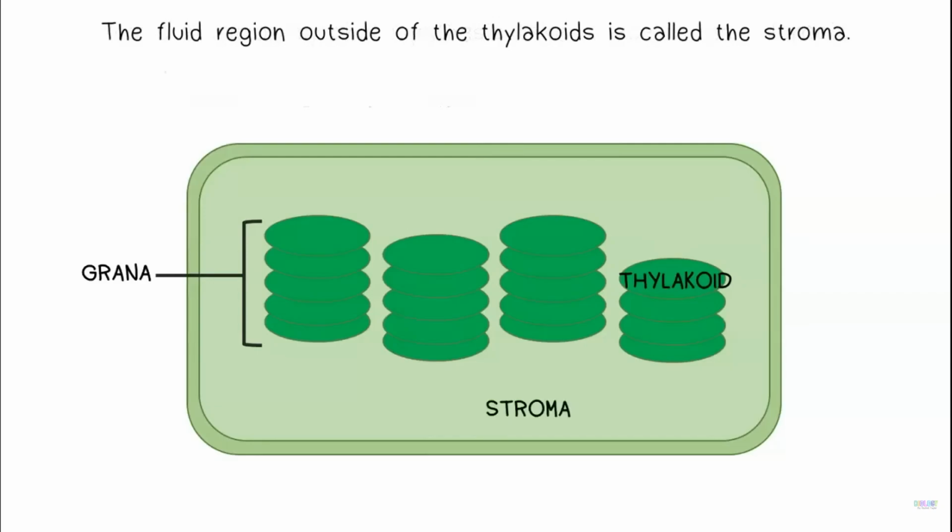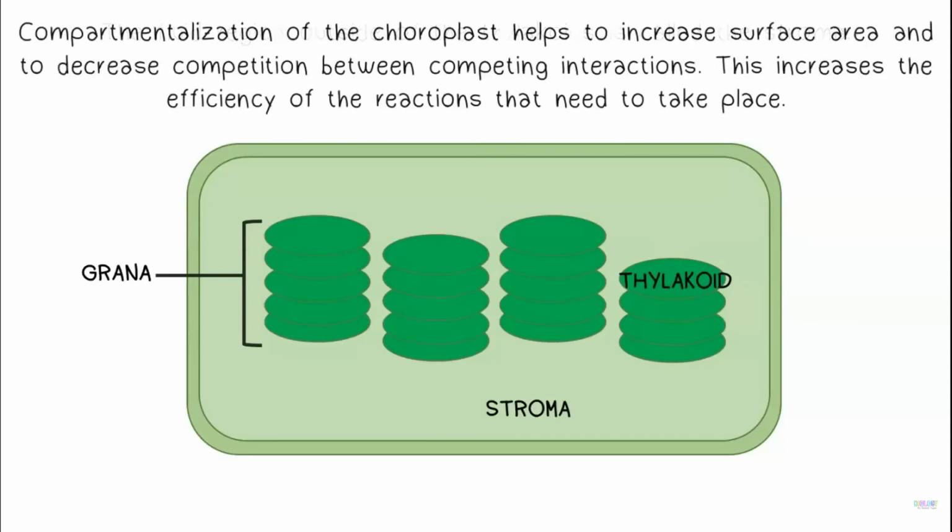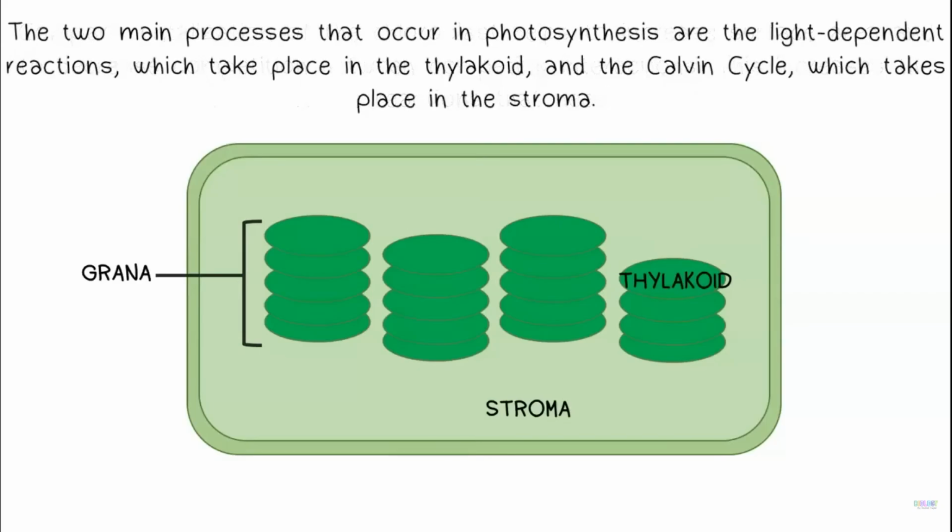The fluid region outside of the thylakoids is called the stroma. Compartmentalization of the chloroplast helps to increase surface area and to decrease competition between interactions. This increases the efficiency of the reactions that take place. The two main processes that occur in photosynthesis are the light-dependent reactions, which take place in the thylakoid, and the Calvin cycle, which takes place in the stroma.